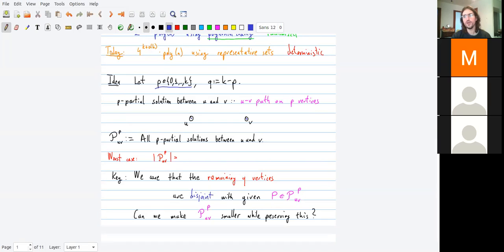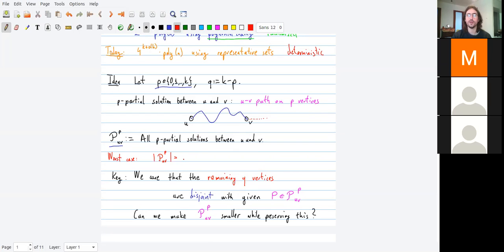So for instance, a uv path on p vertices could look like that. It goes through p vertices in the middle, and later on, maybe we will extend it to a path on k vertices. So let's look at the family of all possible such partial solutions. Let P_uv^p be all partial solutions between u and v, with start u and end v. This is a family of paths, and a priori there can be very many of them, right?